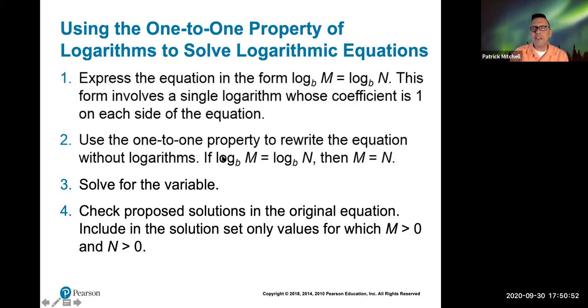Since logarithm is a one-to-one function, that means that if log base b of m equals log base b of n, that must mean that m equals n. Okay? And once again, this equation will be linear, quadratic, something that you know how to solve. And finally, since it is a logarithmic equation, proposed solutions must be checked because there might be posers.